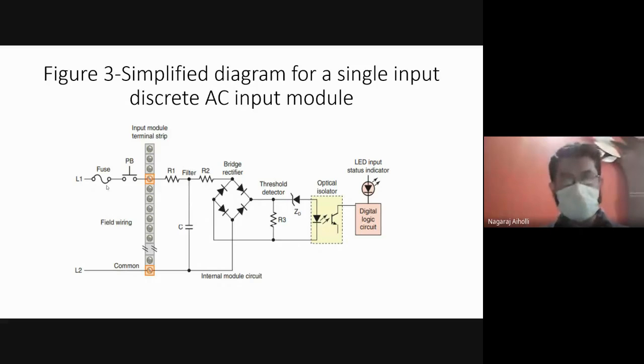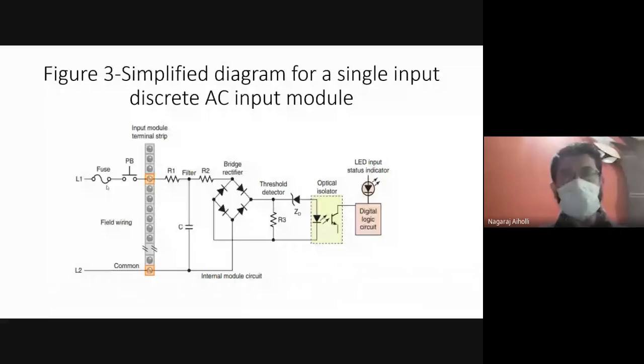When the current exceeds the limit, the fuse wire will blow out, burn out, thus providing protection to the remaining part of the circuit. So it is a protective device.